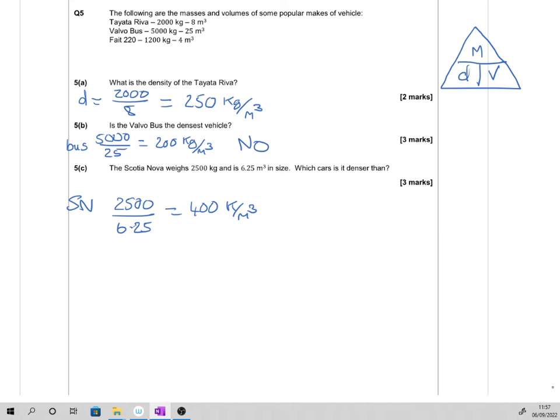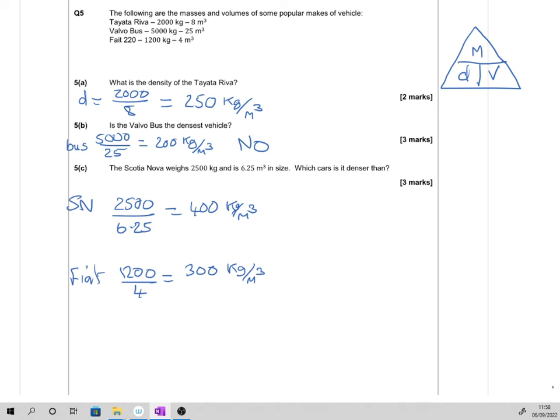We've still got to do the Fiat. That's 1,200 divided by 4, which is 300 kilograms per meter cubed.